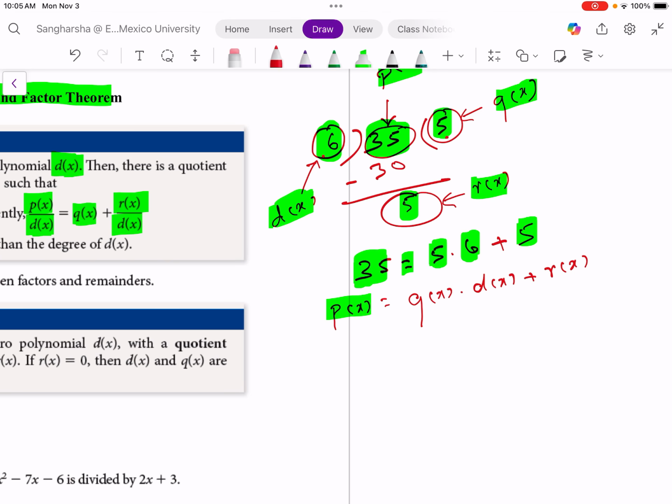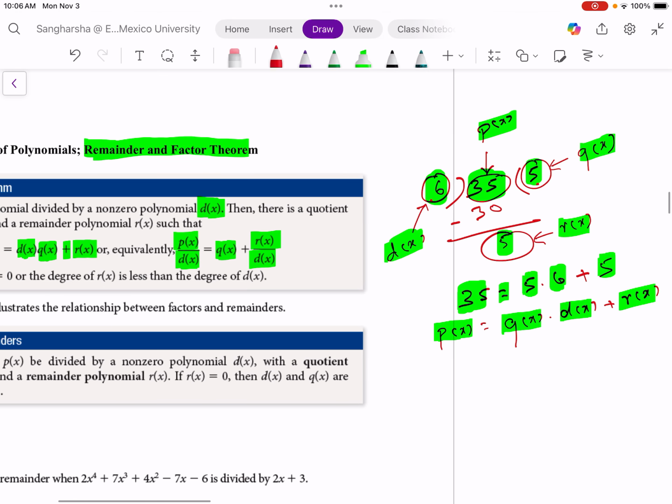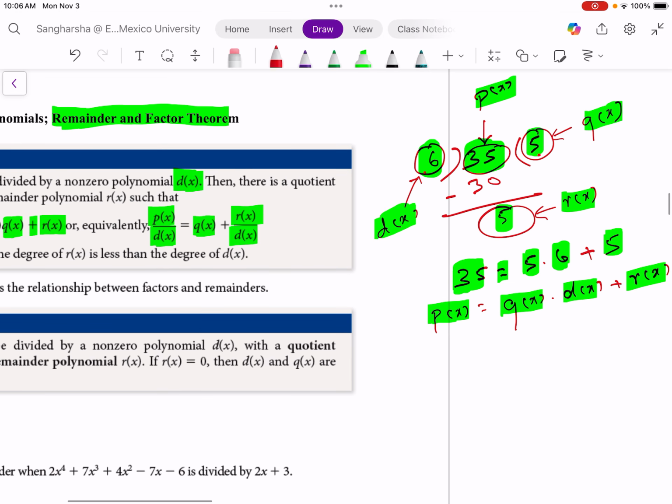So we have p of x equals q of x times d of x plus r of x. And this division helps us to rewrite or factorize our polynomial, okay?